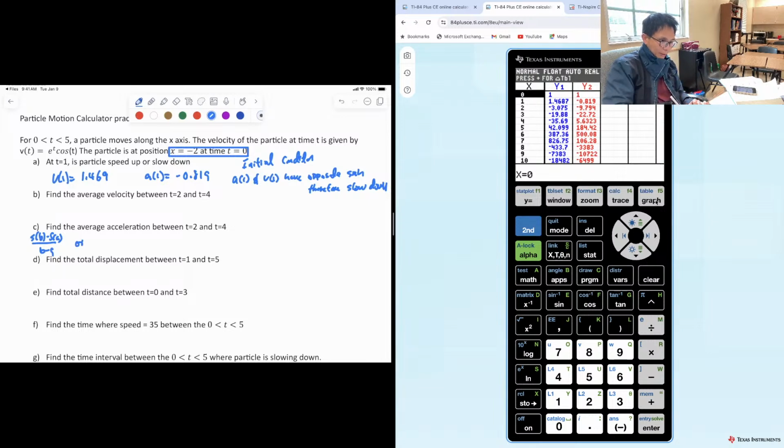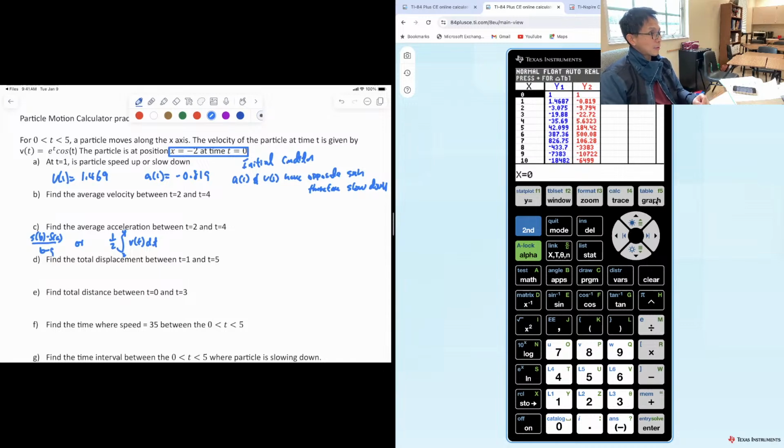Or you integrate V of t between 2 to 4, and then multiply by 1/2 in the front, that is also going to be average velocity. Why? Because if you integrate V of t, it's going to give you S of B minus S of A. Does that make sense? Then it will be S of B minus S of A over 4 minus 2. So that's equal to 2.